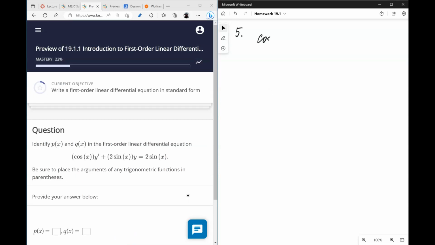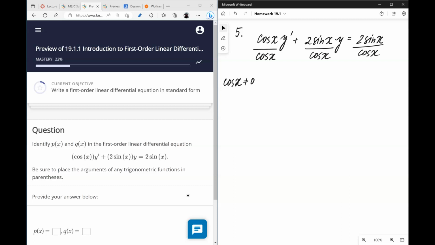We're going to take this and divide everything by the leading coefficient. In this case, I do call it coefficient, but it's really not just a constant coefficient, it's like a functional coefficient. And we also have to assume that whatever we divide by is not equal to 0.